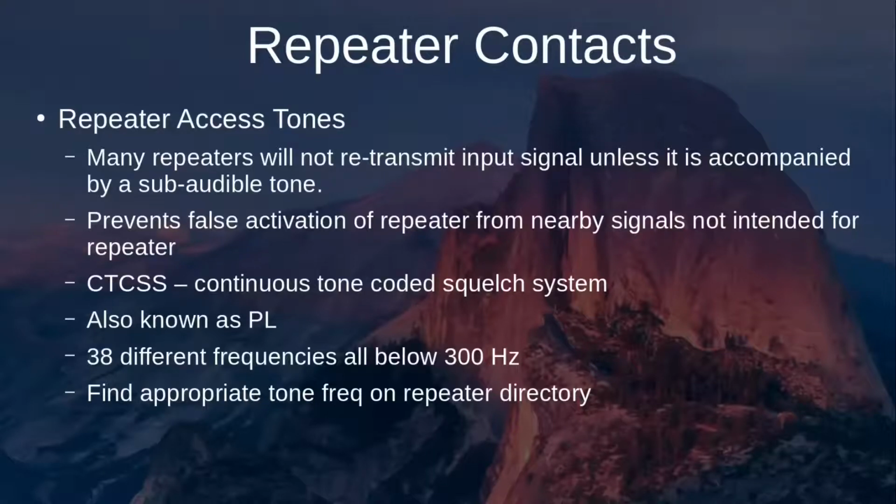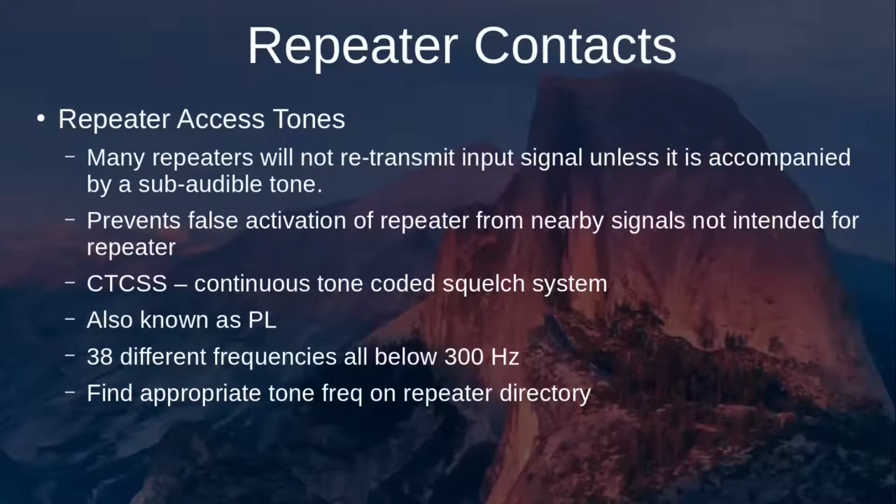And these tones can be called several different terms. One is CTCSS. That's Continuous Tone Coded Squelch System, CTCSS. So you'll see that in your radio operator's manual. And the CTCSS, depending on the brand of radio you have or repeater, is also known as the PL.